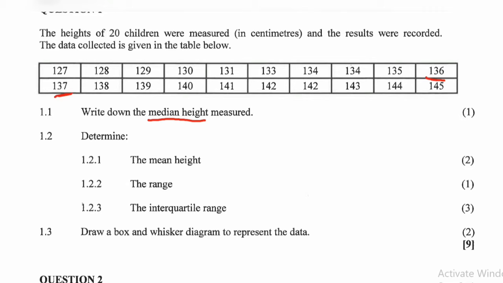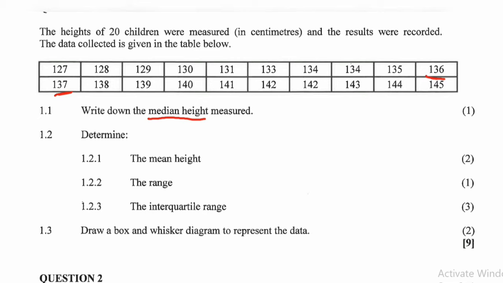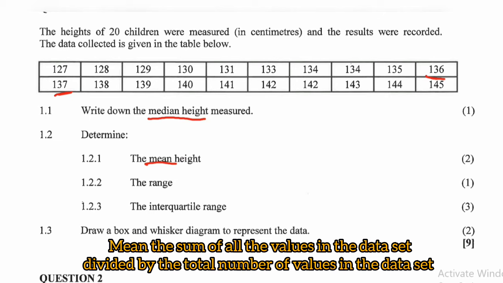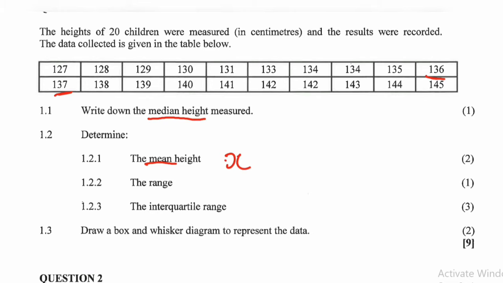Now 1.2 wants us to determine the mean. Now mean is also defined in the video here, as you can see. Now the mean, remember, mathematically is represented as x bar, and it's the sum of all values divided by the number of values.